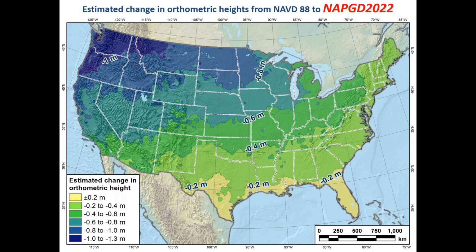So this could be a big difference, especially if you're doing shoreline mapping in these areas, trying to determine sea level rise and the change in it, or doing a floodplain map, you have to take this into account. And we're working with FEMA on this, so when they'll be developing new floodplain maps. But that's their responsibility, not ours. We're just going to help them, give them the information, and then they're going to do that.